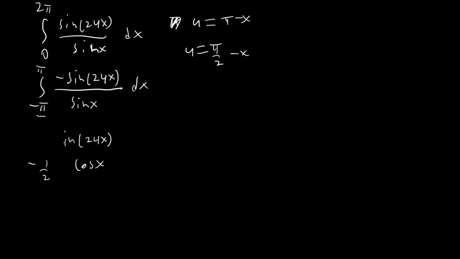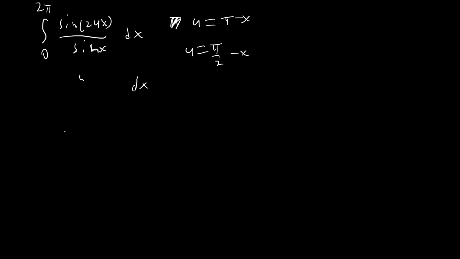So we're going to repeatedly apply our double angle identity. So we're going to get the integral from 0 to 2 pi of 2 sine 12x cosine 12x over sine x dx.